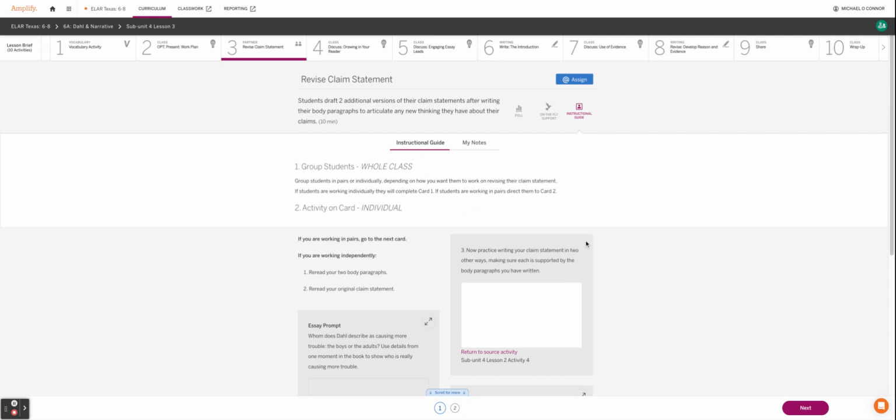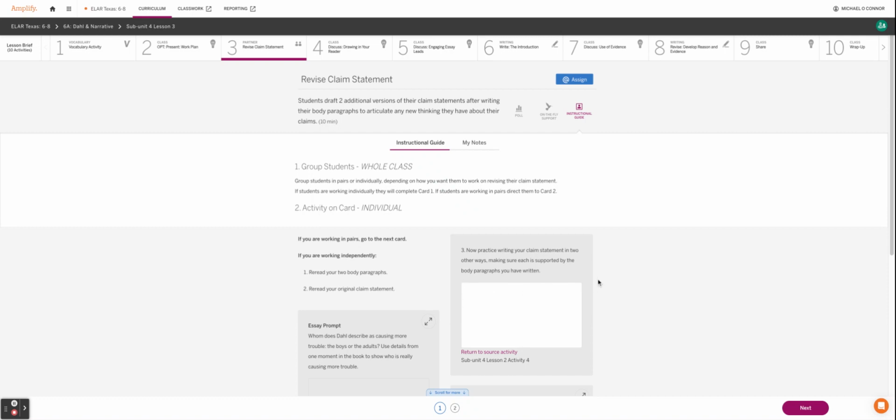So if you remember back last week, you were looking for evidence for who caused the trouble in the story. You're looking for evidence for either the adults or the boys. So you should have reread your body paragraphs and read your original claim statement.